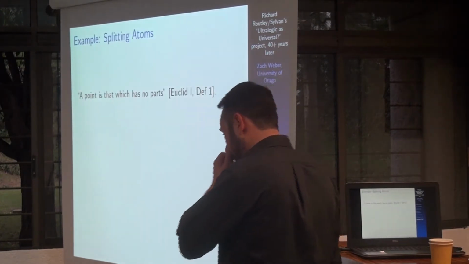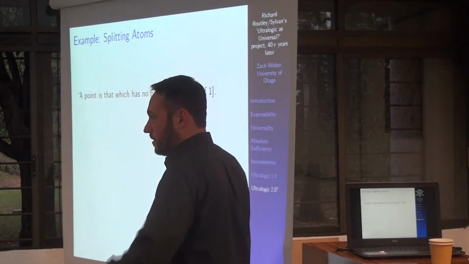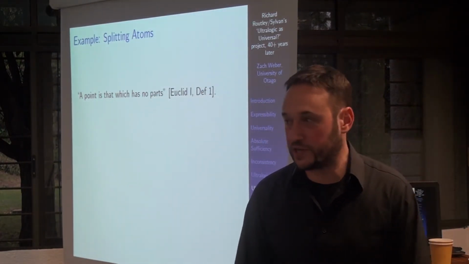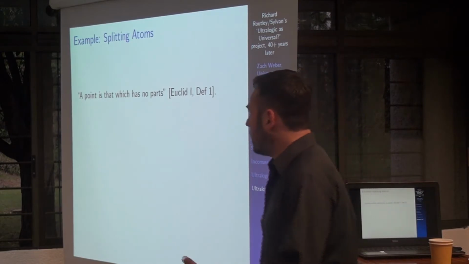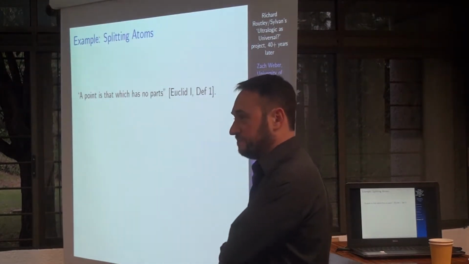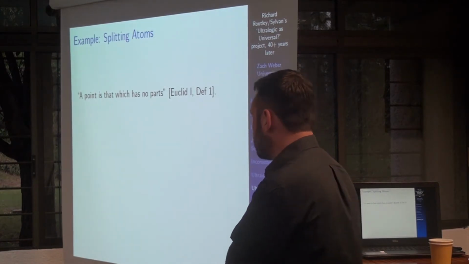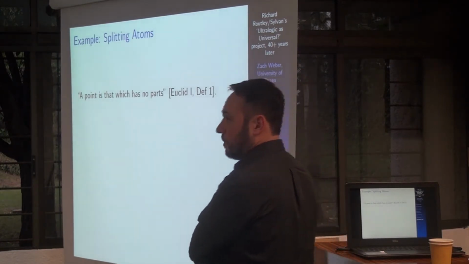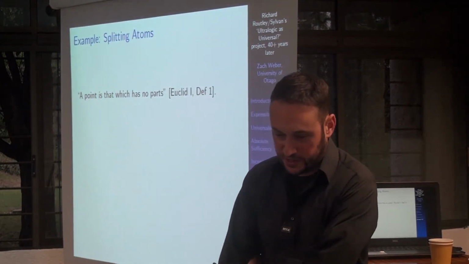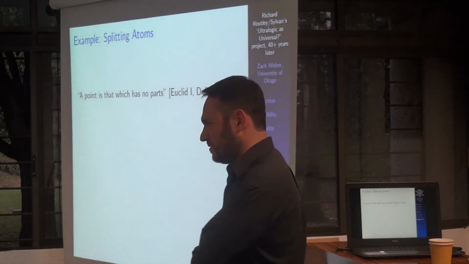All right. So what could we do, as opposed to just trying to mimic classical logic, except harder and weirder? Let's think about a geometric point, which Euclid famously says is that which has no parts. Suppose you want to come up with a theory of points, extensionless things that somehow take up space.